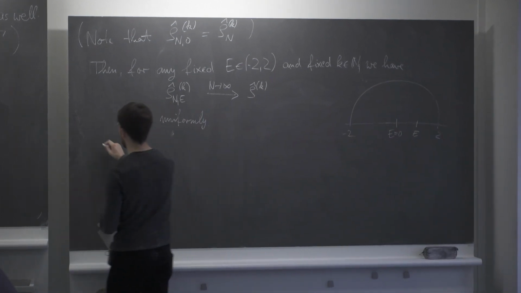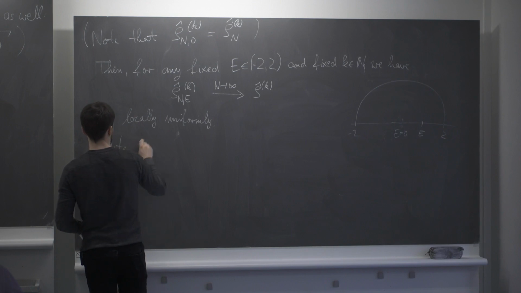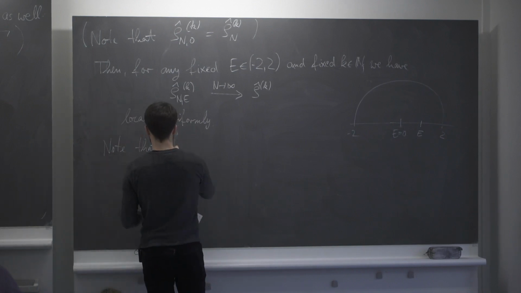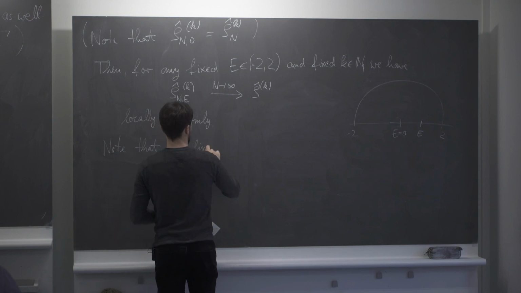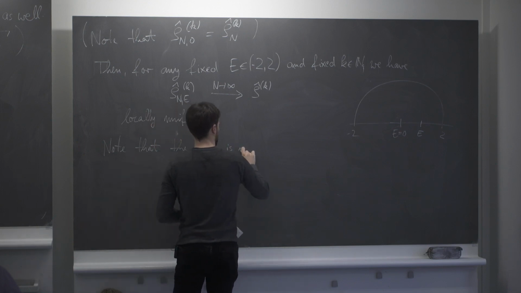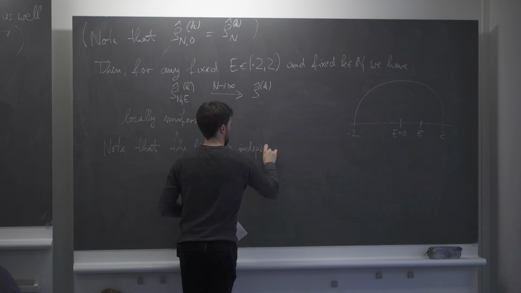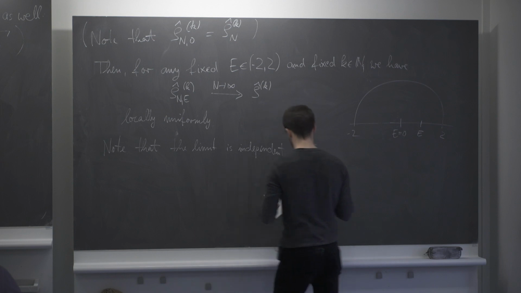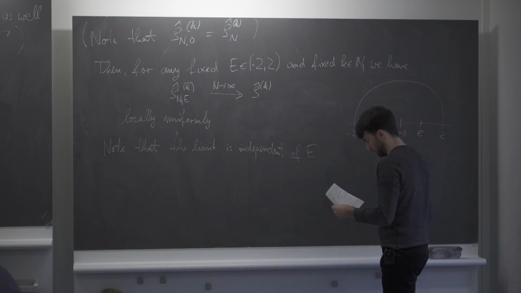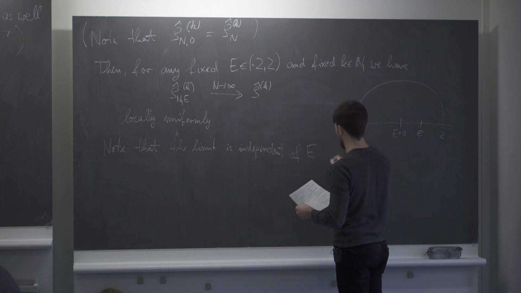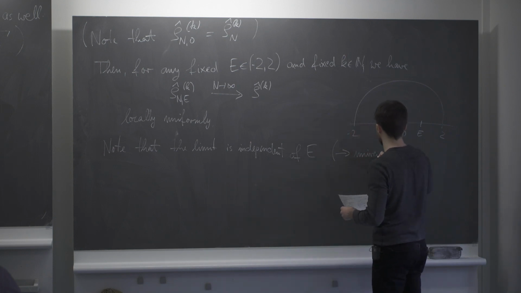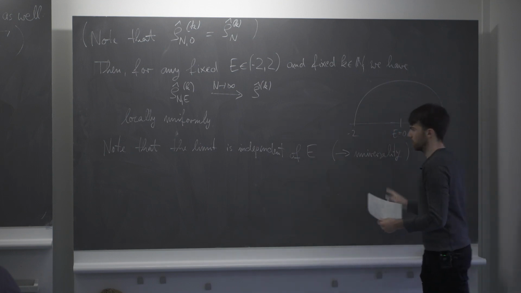So that's what I note, that the limit is independent of E. So that's some kind of universality, because that means that this E is not special.